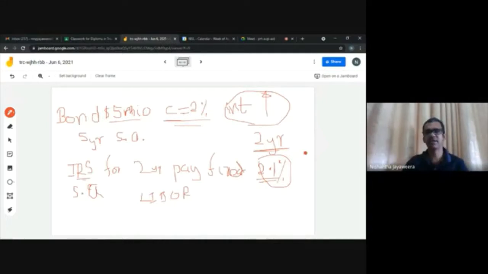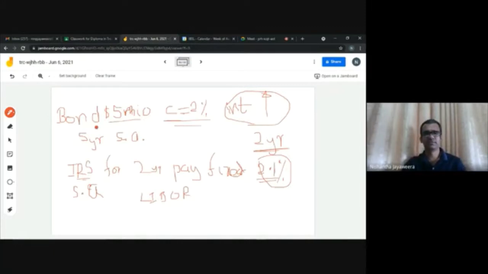But on the other hand, if the LIBOR goes down, that difference you have to pay. This is one way of using interest rate swap to hedge your risk. And remember, this is when you have a long position.